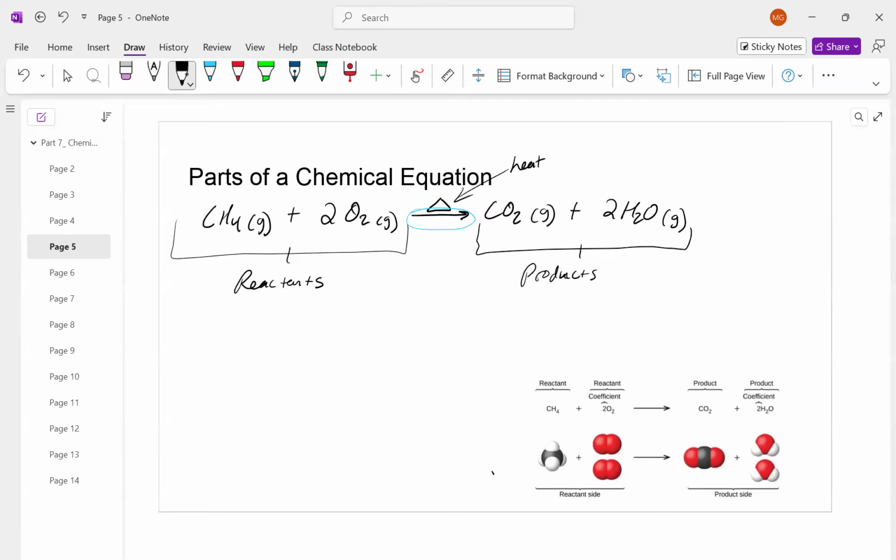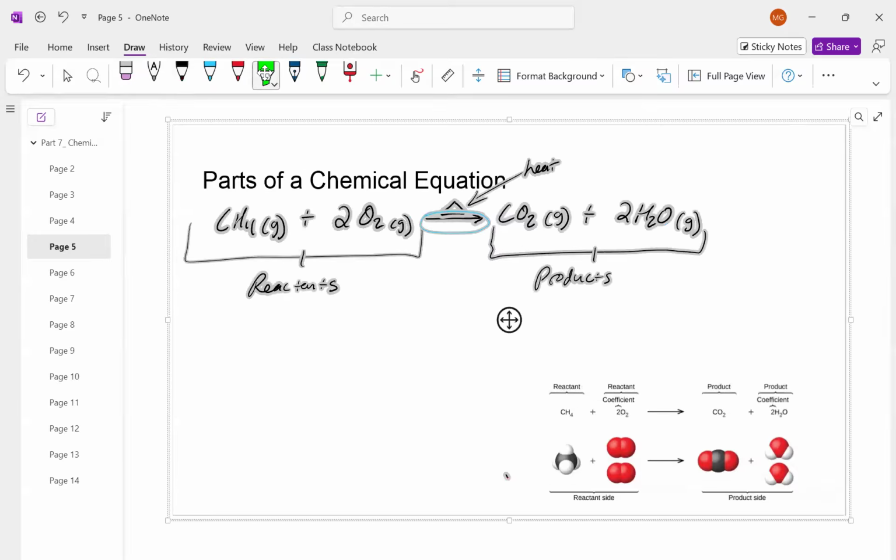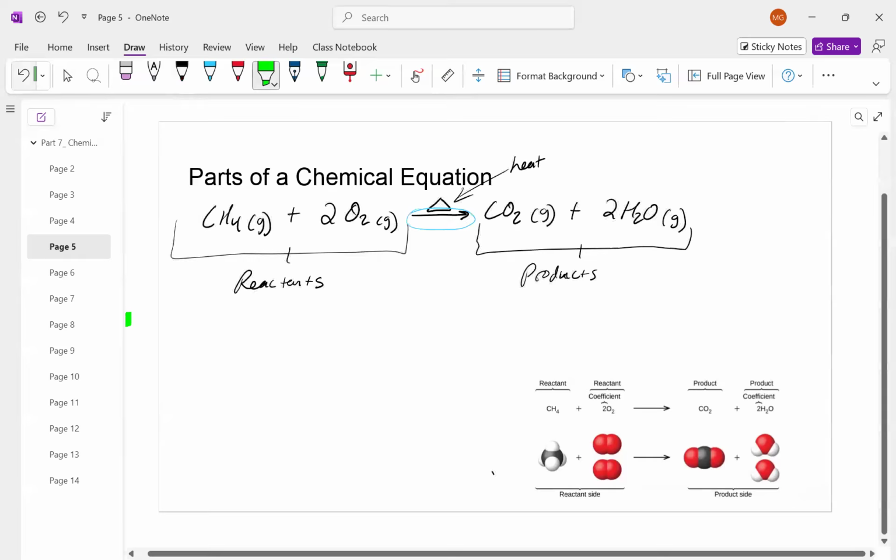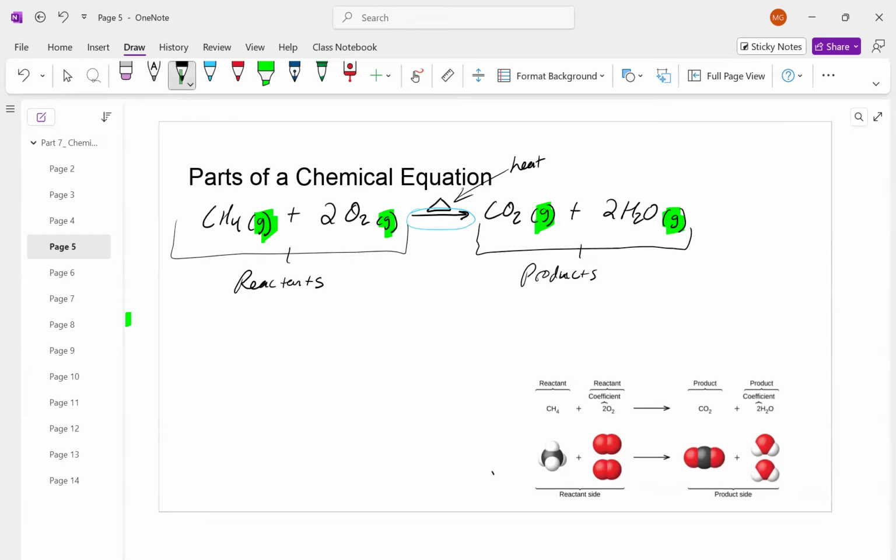Now let's talk about the individual parts. Notice that each part of this equation has a letter in parentheses. Those letters represent the state of matter that that particular atom or compound or element is in for this reaction.